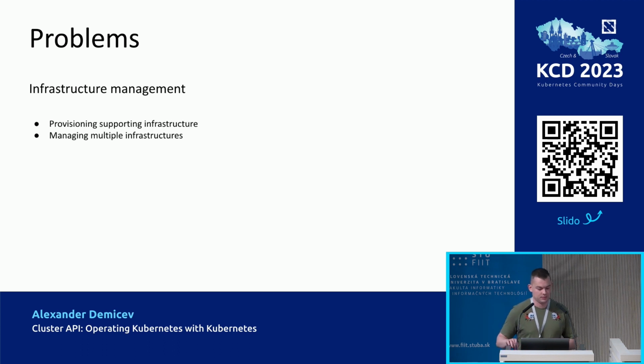Then the second problem is infrastructure management. Before you run your cluster, there has to be something that provisions your supporting infrastructure. There are multiple tools to do that, but if you are operating your Kubernetes clusters, ideally you want something that does it in a similar way for every infrastructure you are running.